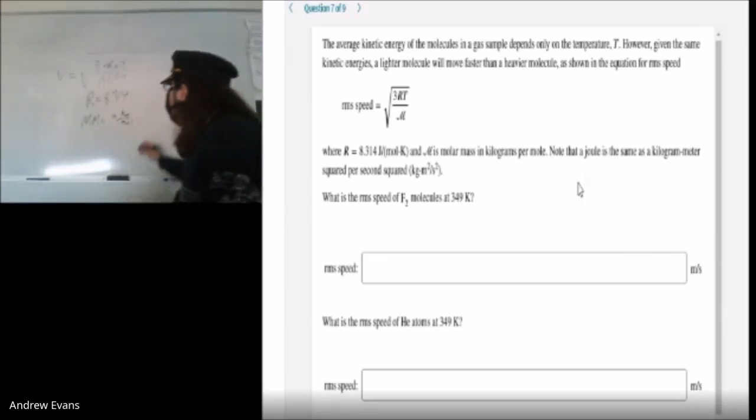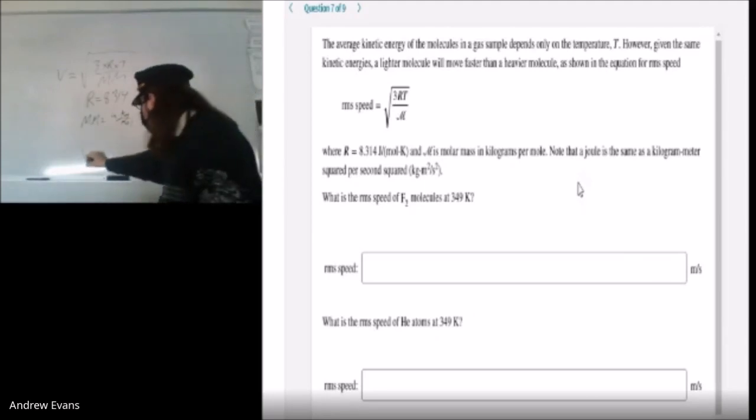So writing down what we know, we got R. T is 349. One fluorine is 19. So 2 fluorines would be 38 grams per mole.